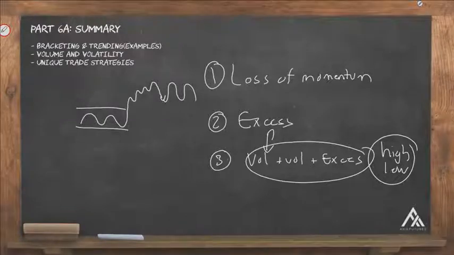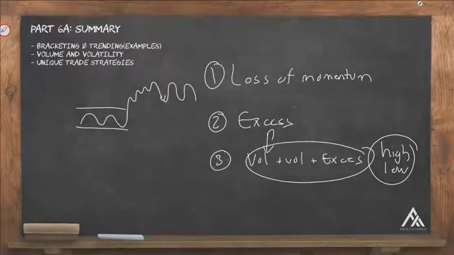So when you see these excess tops made on volume, volatility, and excess prices, they tend to hold for some time. A good example to look at is particularly the gold when we shot above the 1900 level, as well as the oil when it was trading around $140 a barrel. So those are the two very strong examples you want to look at for excess type highs and lows in the market.